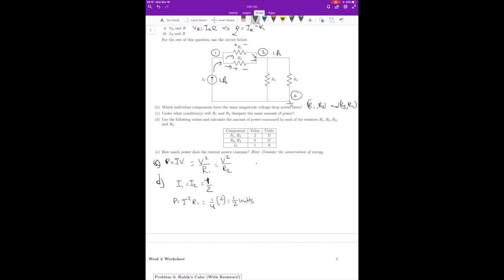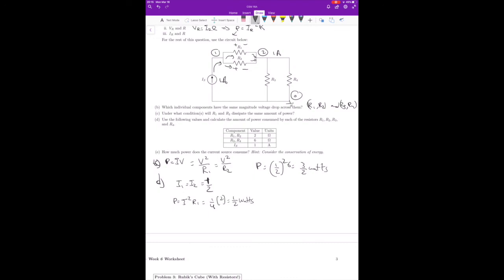So I can say that the power is equal to 1/2 squared times 6 is equal to 3/2 watts. All right, let me just check this once. Okay, it looks correct. Cool.